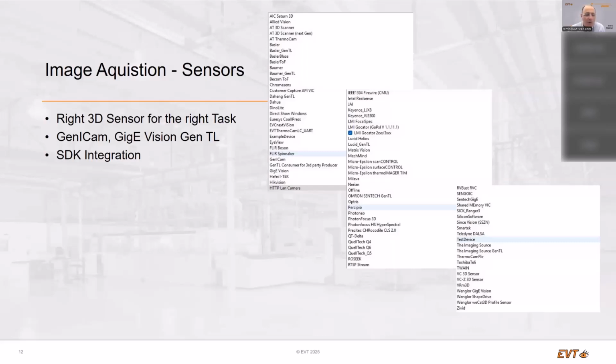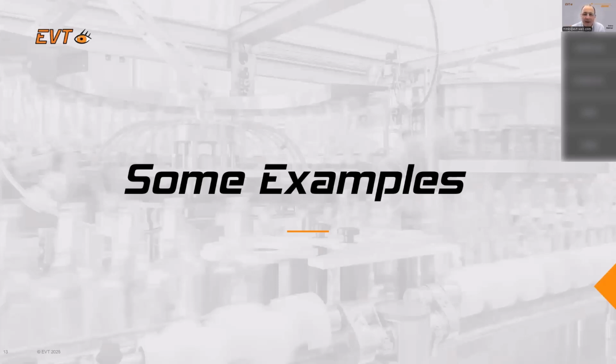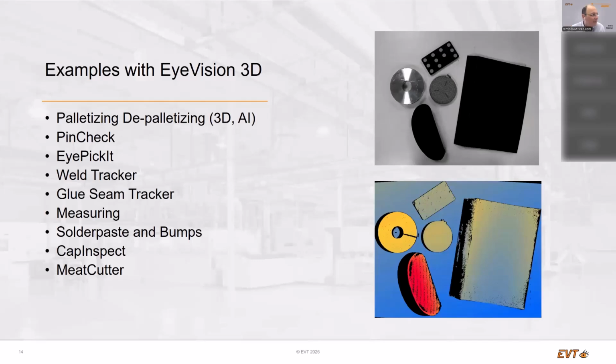So a sensor which is not integrated today, you may be able to use tomorrow because we have already done it, or you let us know and we try to do it.